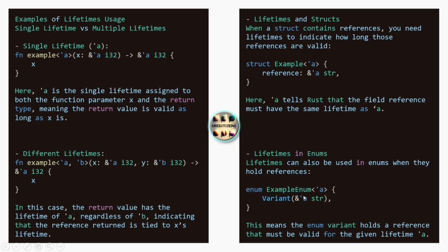Here, in the example enum, we have the same lifetime single quote A, and the variant is a reference to a str, a string literal, with the lifetime single quote A. This means the enum variant holds a reference that must be valid for a given lifetime A. It's a bit of an abstraction, using those letters to express how long the variable will be available in the function.